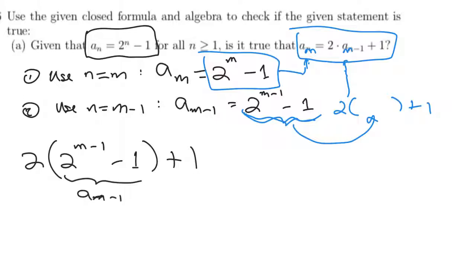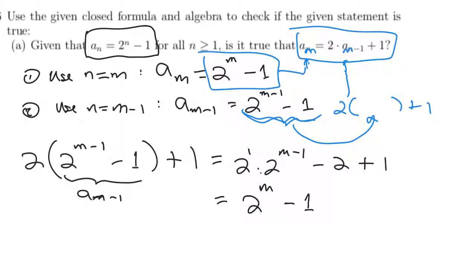And I can simplify that algebraically: 2 times 2 to the m minus 1 minus 2 plus 1. All I've done there is multiply this 2 through the parentheses. Now I'm going to use an exponent rule. Since 2 is the same as 2 to the first power, 2 to the first times 2 to the m minus 1 is just 2 to the m. And then I have minus 2 plus 1, which is minus 1.